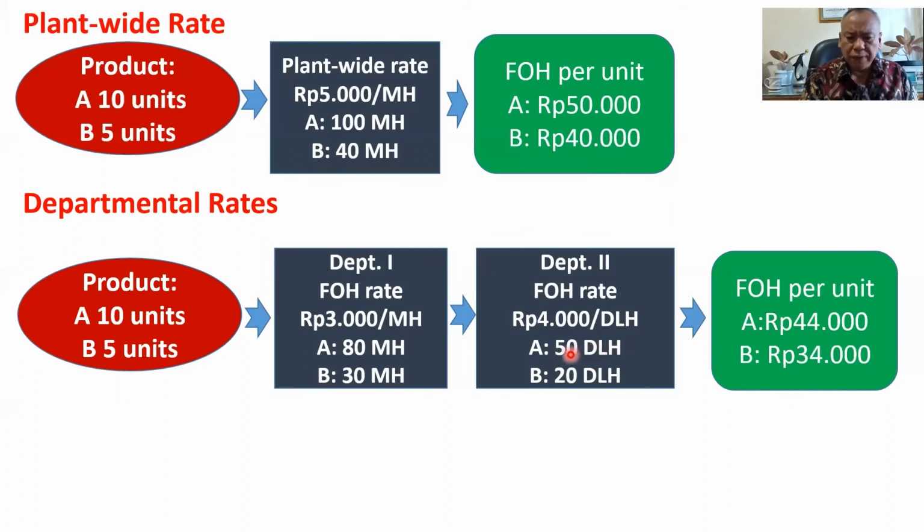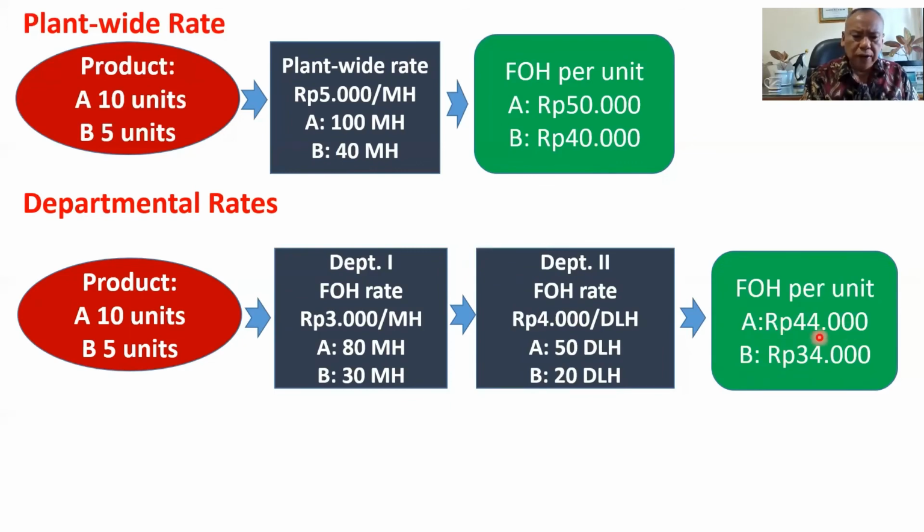So 50 direct labor hours times 4,000 will be 200,000. 200,000 plus 240,000, so we get the total applied factory overhead cost of 440,000 divided by 10 units. So the factory overhead per unit will be 44,000.